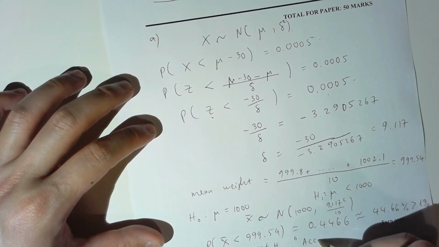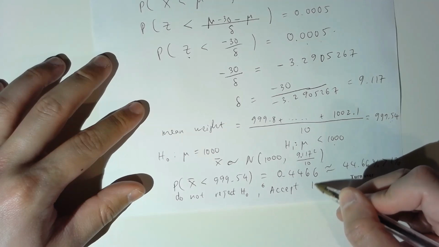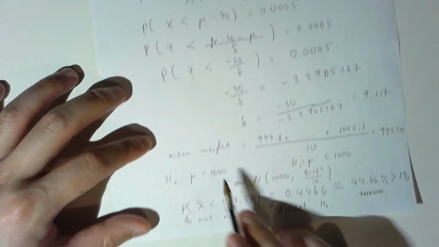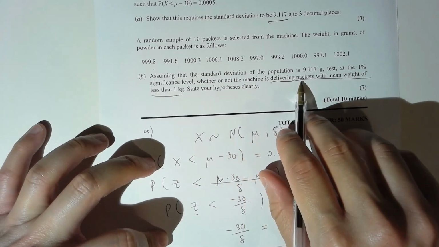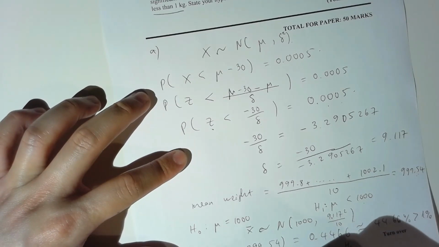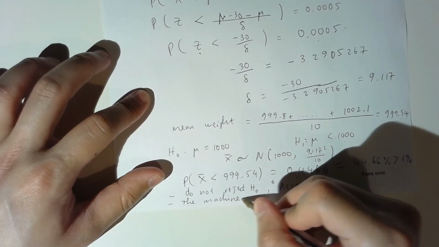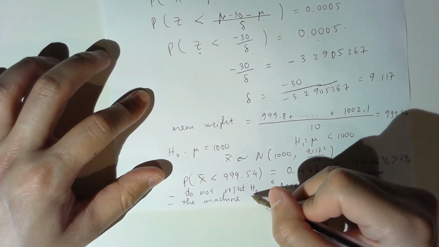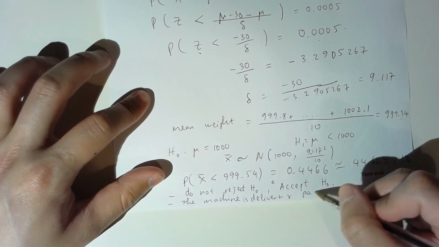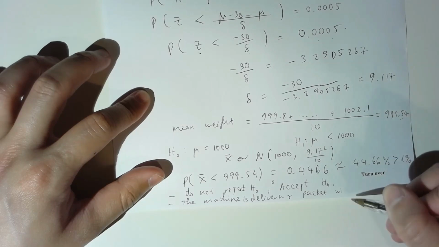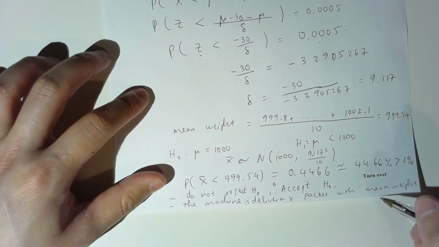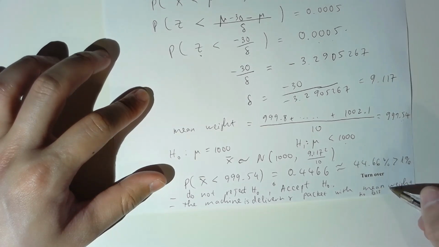So the final conclusion is that, since we did not reject H0, the mean equals 1000. Therefore the machine will not deliver packets with mean weight less than 1000 grams; it is delivering packets with mean weight no less than 1000 grams.